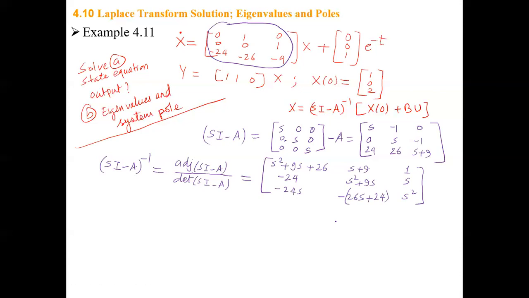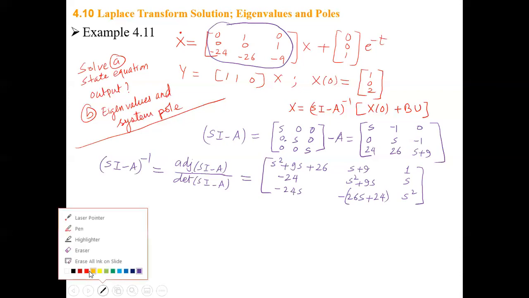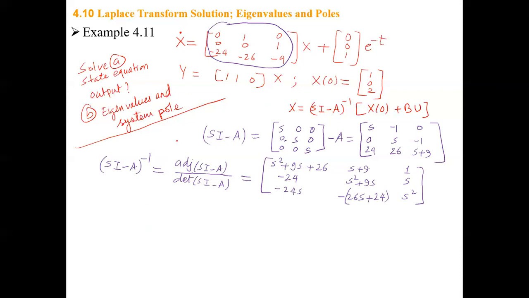That's my adjoint, right? I got the adjoint, the top one. And what is the determinant? The determinant, divide by, is s cubed plus 9s squared plus 26s plus 24.